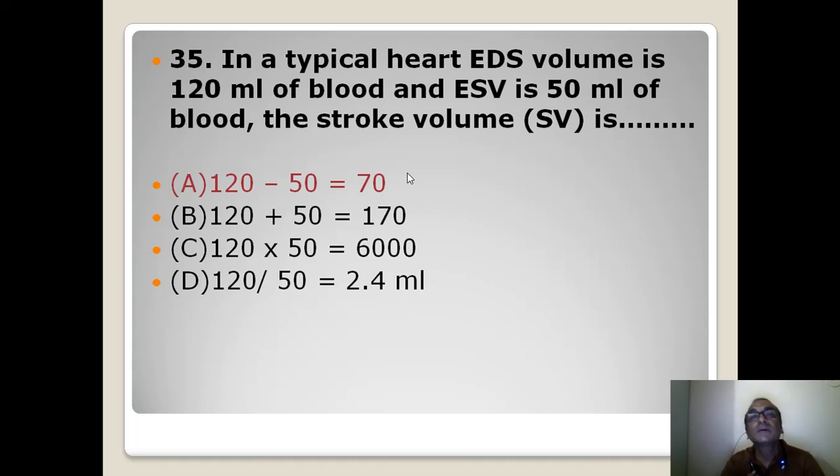Then we get the amount of blood pumped out from the heart in 1 minute. Here it is the amount of blood pumped out from the heart in 1 heartbeat. That stroke volume we can find out by this equation, and that is always 70 ml. So by that we can remember.